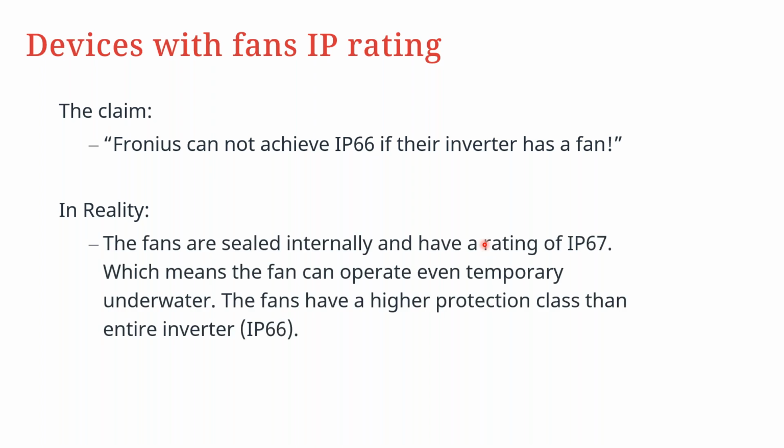However, in reality, the fans are sealed internally and have a rating of IP67, which means that the fan can actually operate even temporarily underwater. Therefore, the fan has a higher IP rating than the inverter, so to speak. The fan is IP67 and the inverter is IP66.